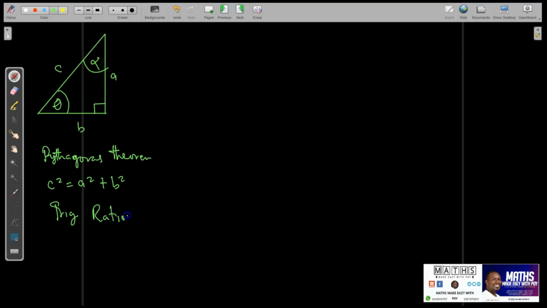Then from the trig ratios concerning theta, A is opposite to theta, B is adjacent to theta.